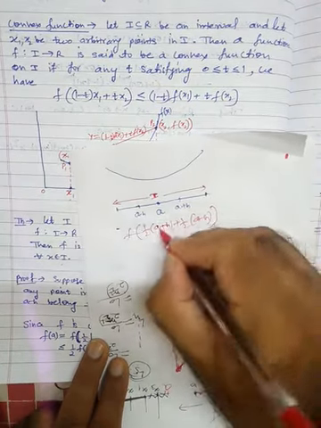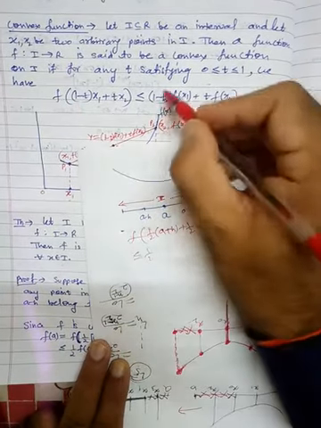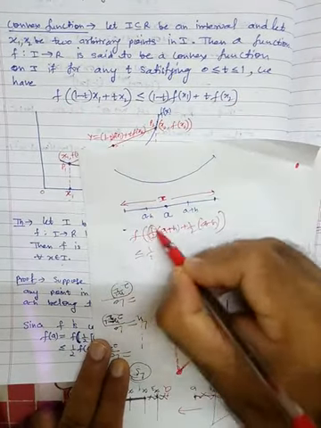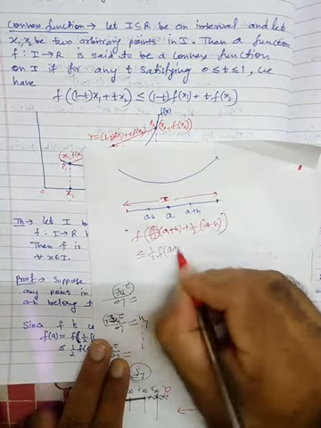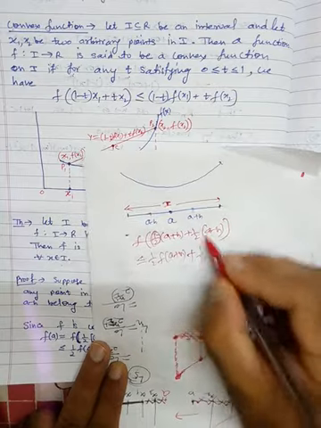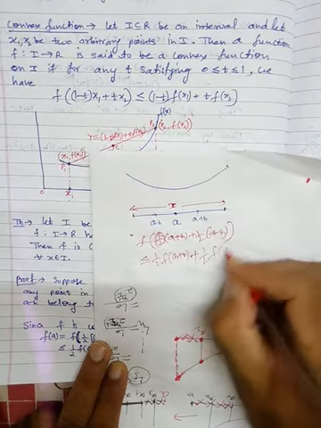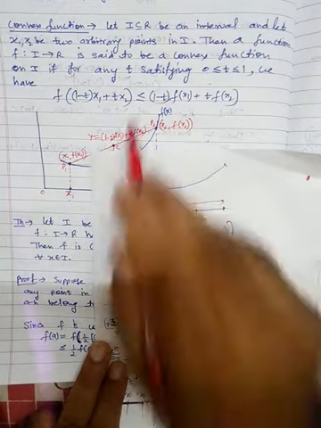Okay, so now as f is convex, it satisfies this property, so it is less than or equal to 1 minus t, that means 1 by 2 f of a plus h plus t, so 1 by 2, times f of x2, which is this point, so f of a minus h. Okay, according to this property.